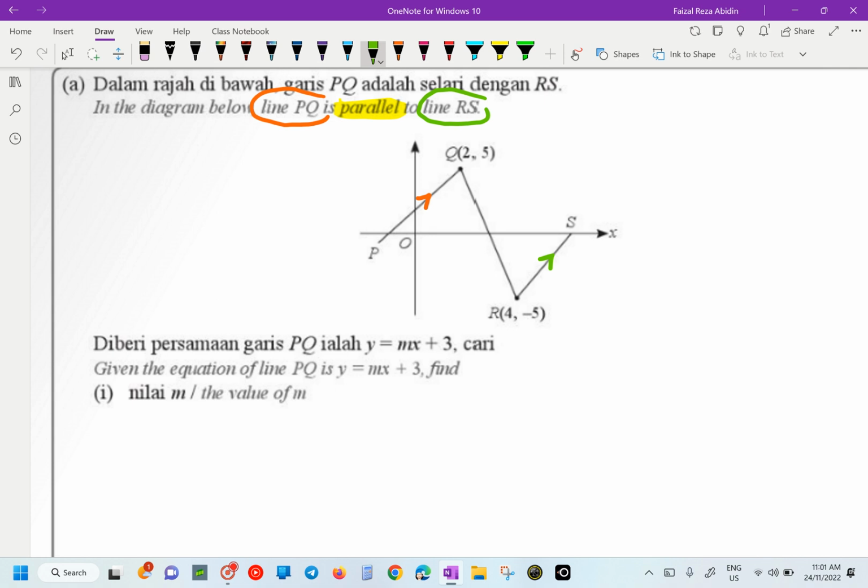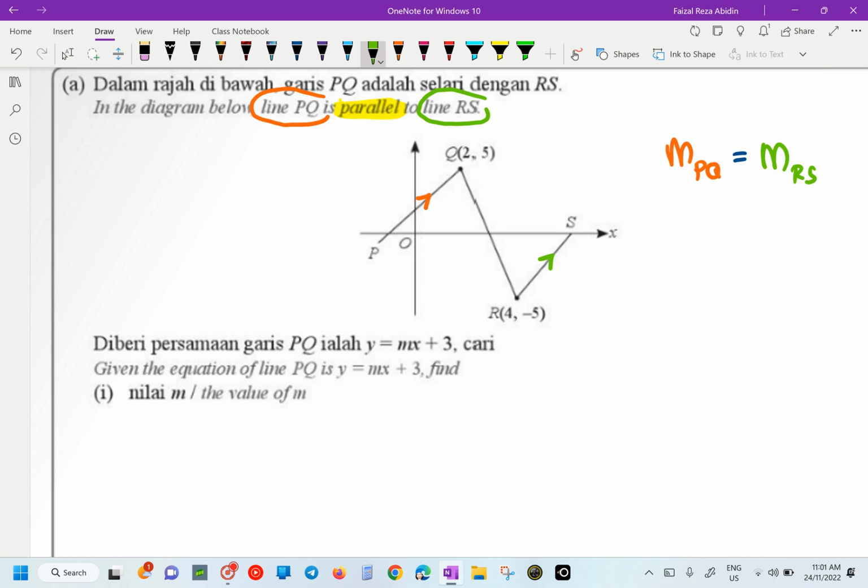M1 equals M2. It means the gradient of PQ equals the gradient of RS. M is gradient.